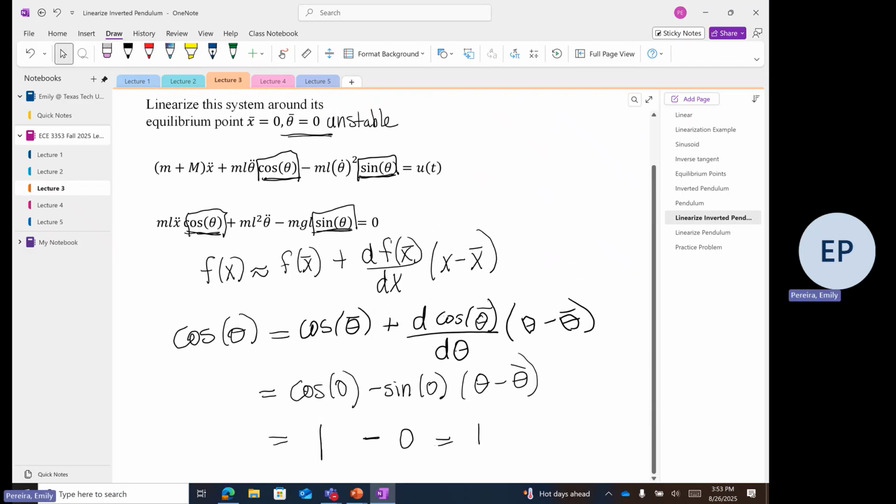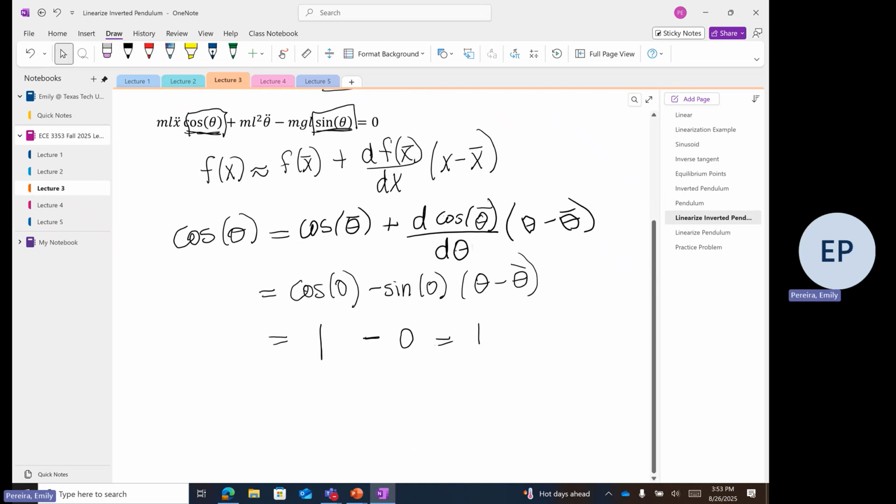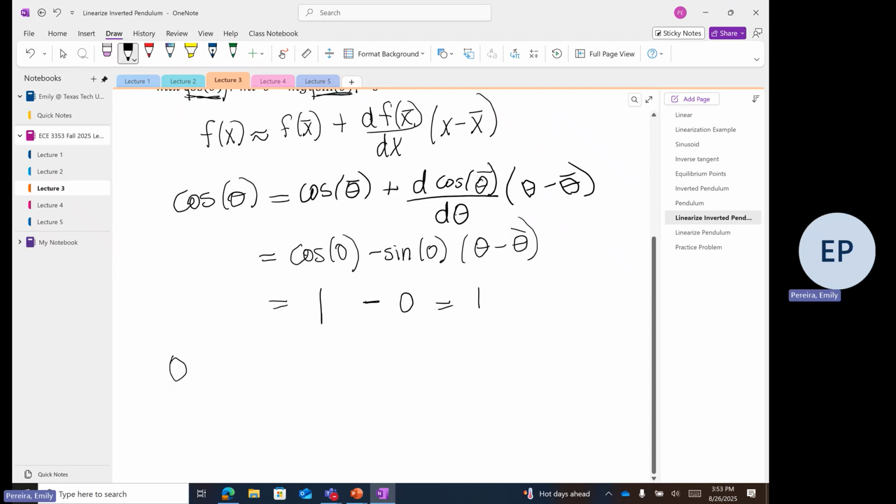Okay, I forgot one thing here. We linearized cosine, but actually this term is a squared term, and so this whole term is actually nonlinear. So we're going to linearize this theta dot squared sine of theta.